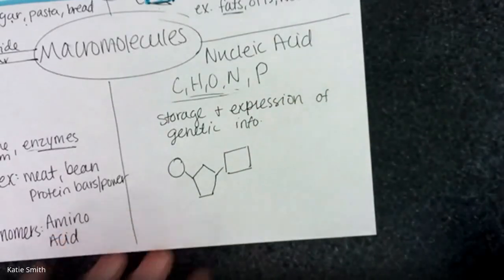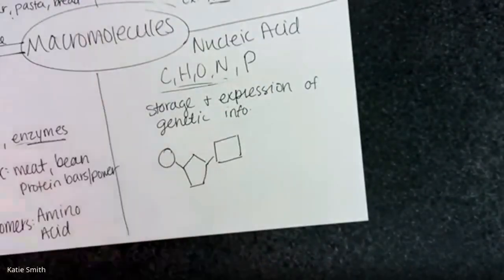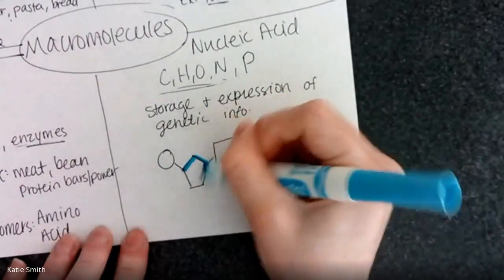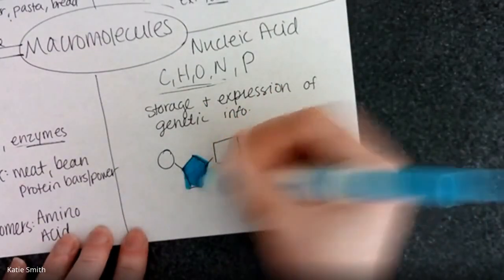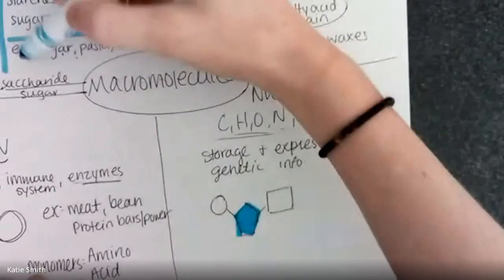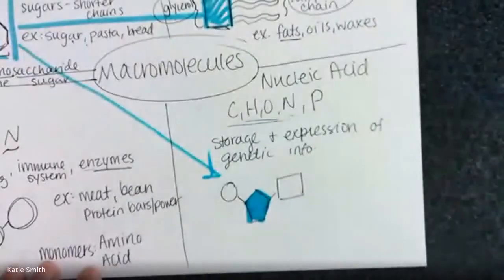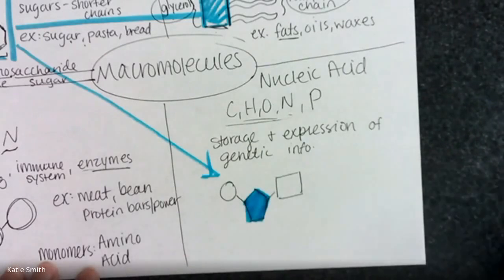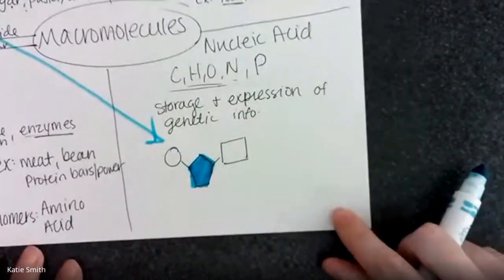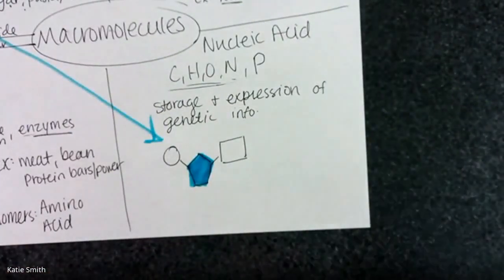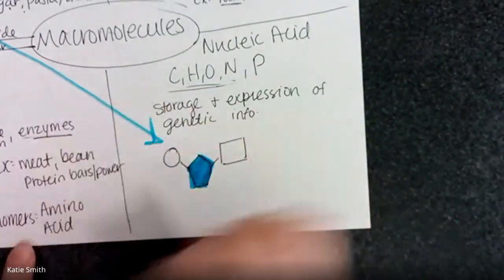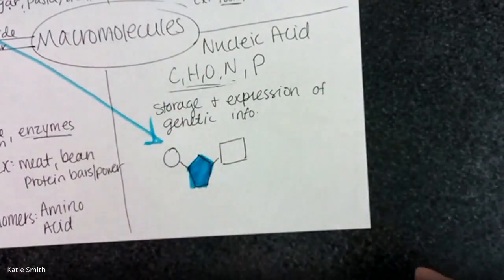For now, all you need to know is that this little thing, and I'm using my blue marker again because you guessed it, it's a carbohydrate. This is called a ribose sugar. Whenever we talk about DNA and RNA, it's a sugar phosphate backbone. All of these build upon each other, and you can't have one without the other.